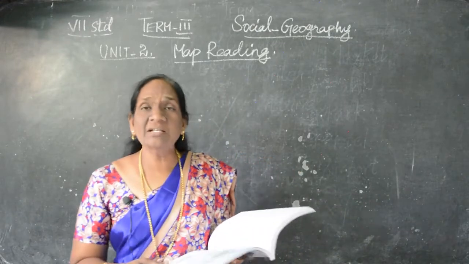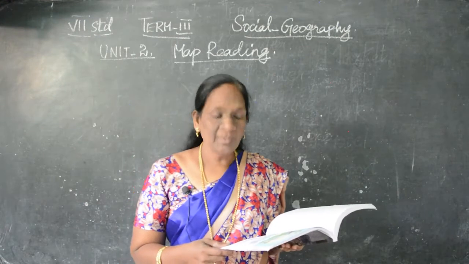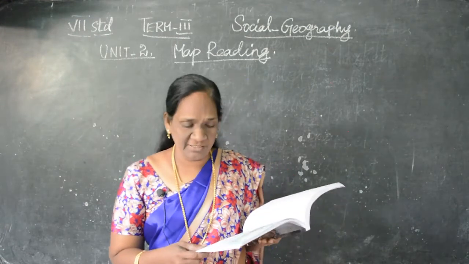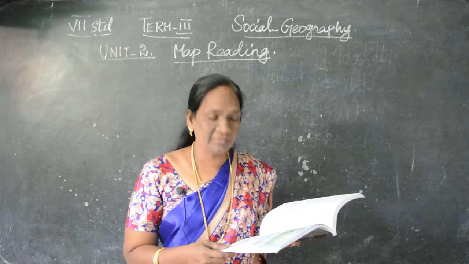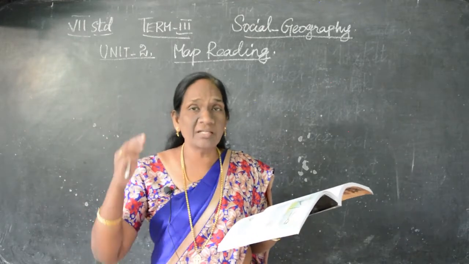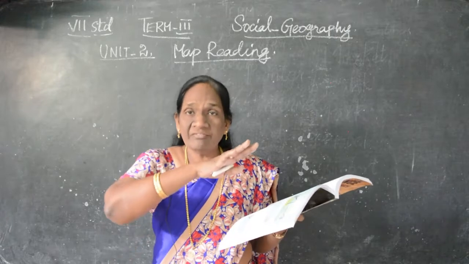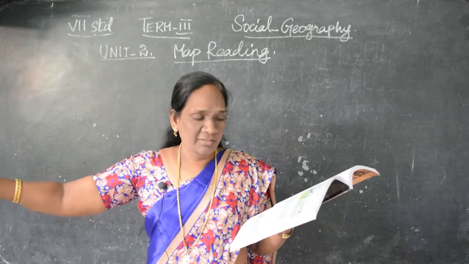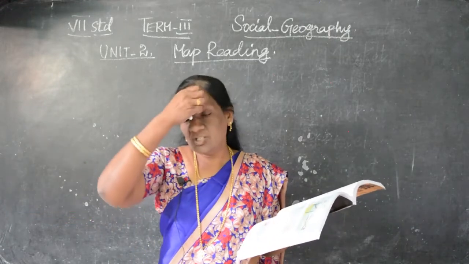Then maps. A map is an essential tool of a geographer, and a map is a representation of the earth as a whole or a part of it, the earth drawn on a flat surface according to a given scale.